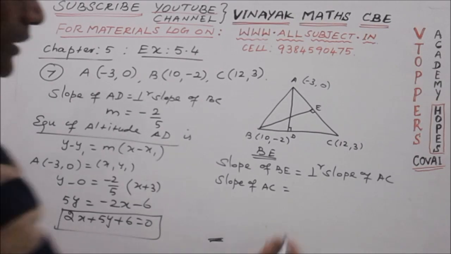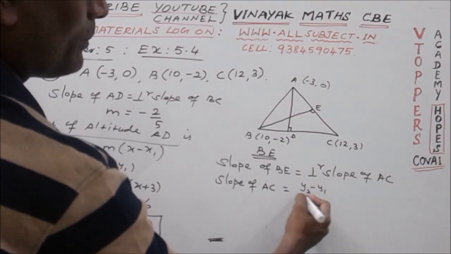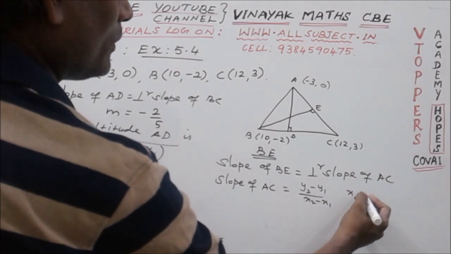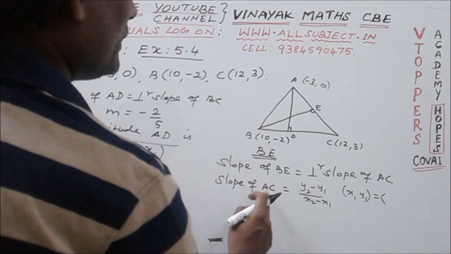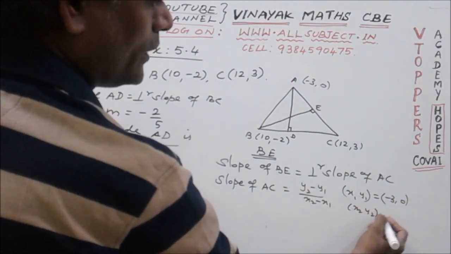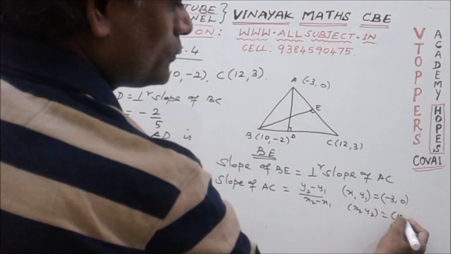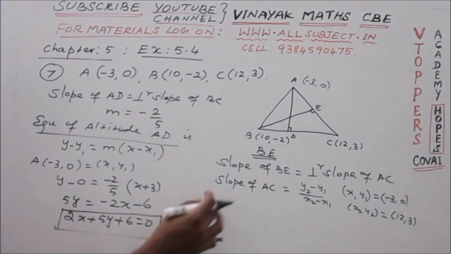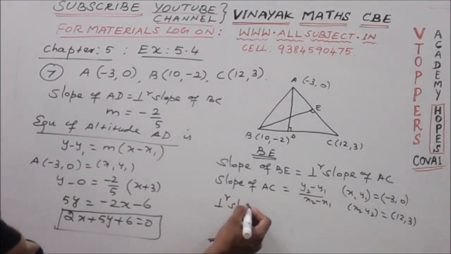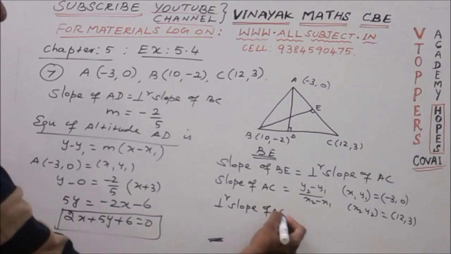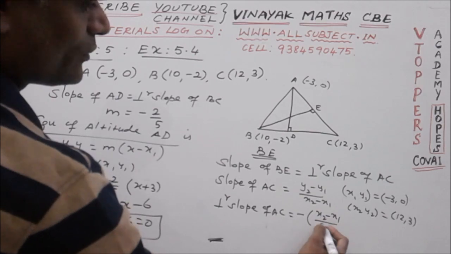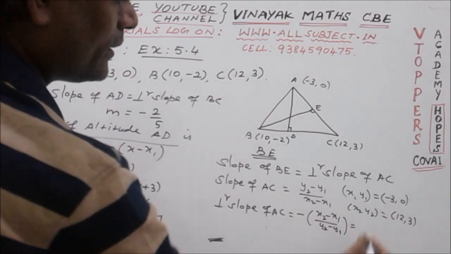Slope of AC is equal to y2 minus y1 by x2 minus x1. Taking A as x1 y1, minus 3 comma 0, and x2 y2 as C, 12 comma 3. The perpendicular slope of AC is the reciprocal with the sign changed, minus of x2 minus x1 by y2 minus y1.